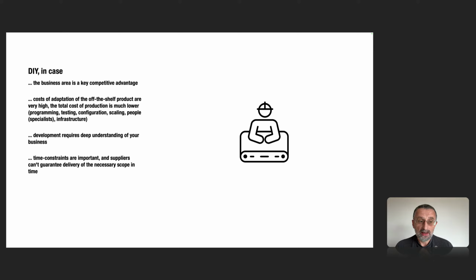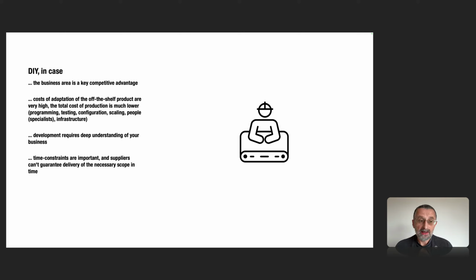Another aspect is when the costs of adapting an off-the-shelf product are very high. The total cost of production may seem much lower, but you need to take into account programming, testing, configuration, scaling, people, specialists, infrastructure, and all that stuff. In some cases, it's cheaper to do something from scratch by yourself compared to an off-the-shelf product.